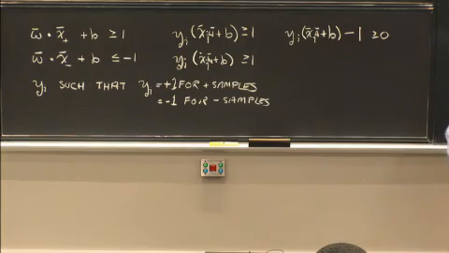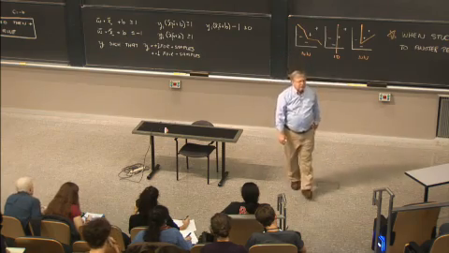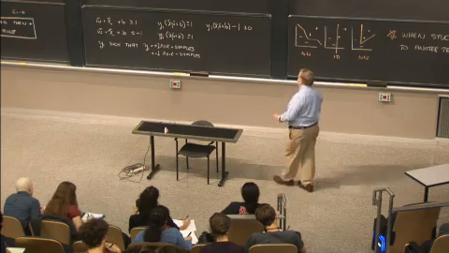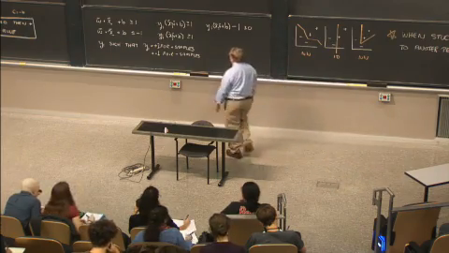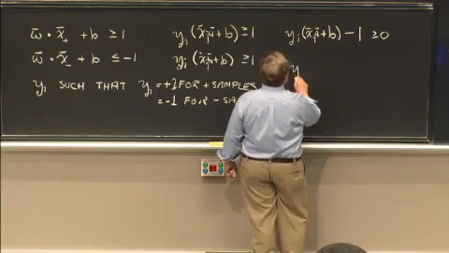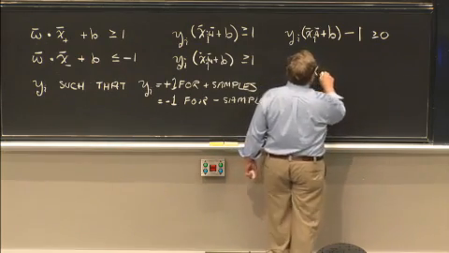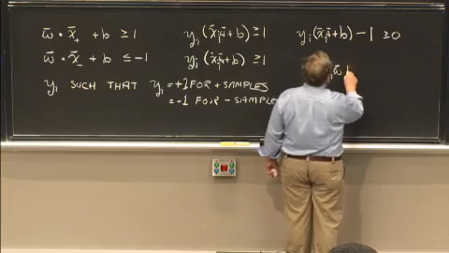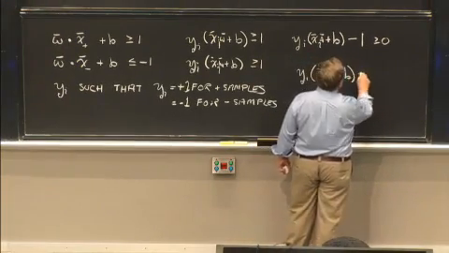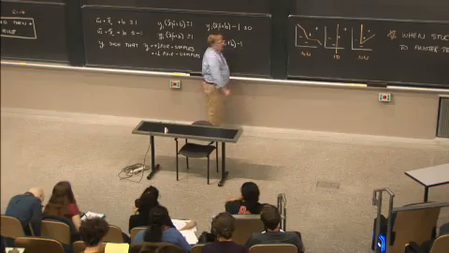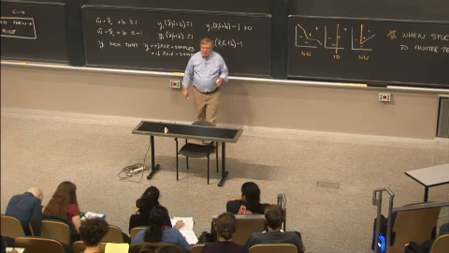All right, now, with Brett's correction, I think everything's okay. But we're going to take one more step, and we're going to say that y sub i times x sub i times w plus b minus 1 is always got to be equal to or greater than 0.